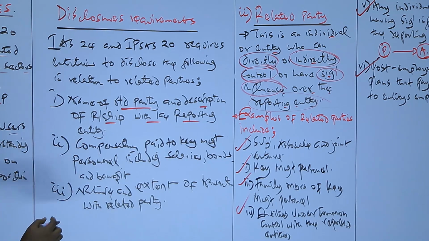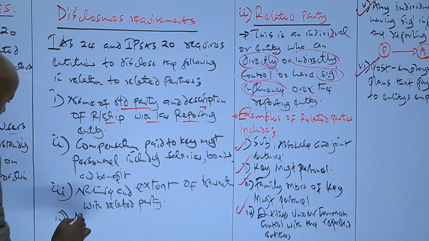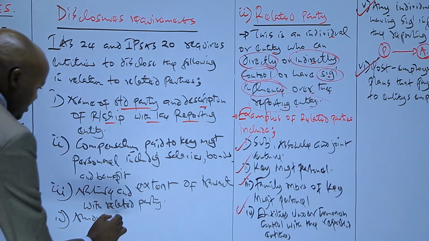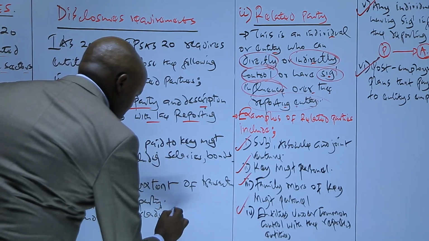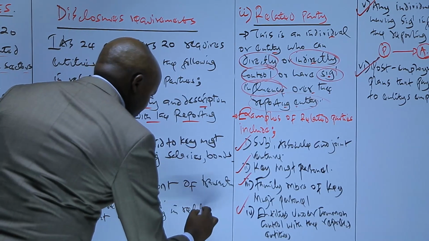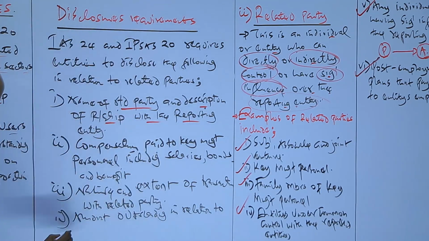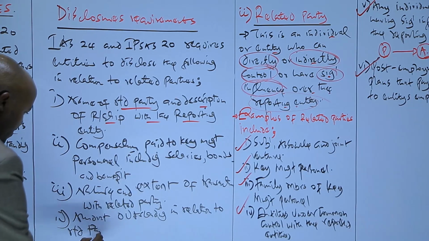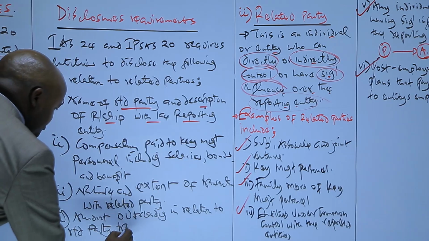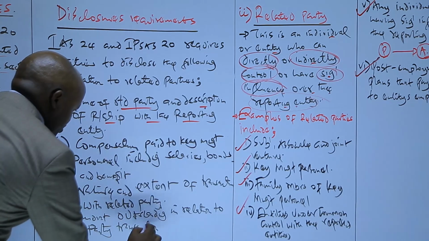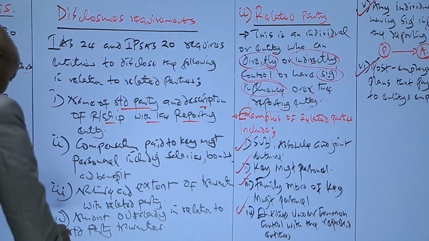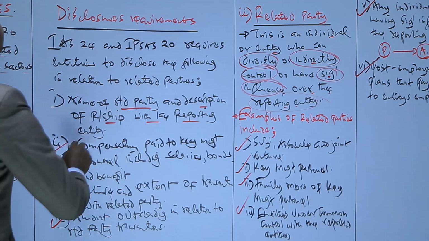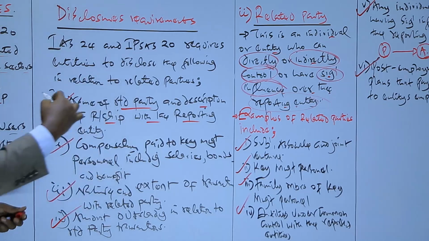And the other information which also needs to be disclosed is the amount outstanding in relation to related party transactions. So how much was not yet paid by the reporting entity in relation to the related party transaction?